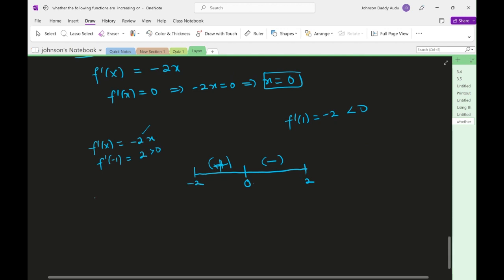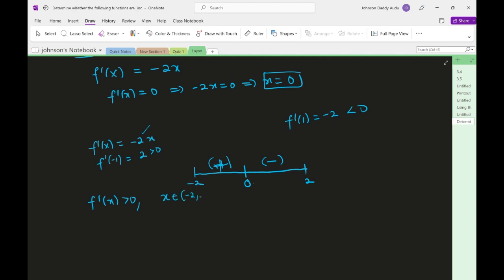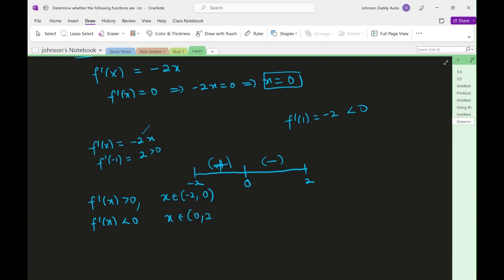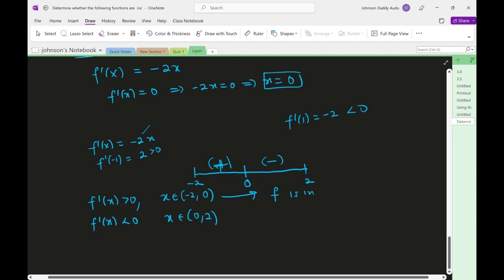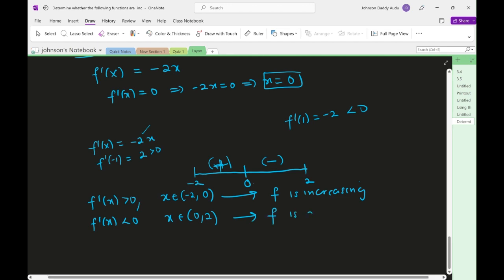This is telling us that f prime of x is positive if x is between -2 and 0, and f prime of x is negative if x is between 0 and 2. So this tells you that your function f is increasing here, and this tells you that the function f is decreasing.